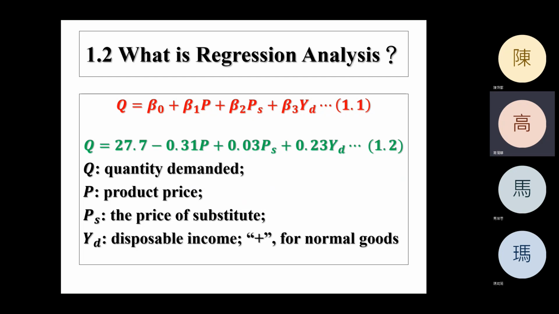So for example, if this YD is the disposable income, and the measurement unit of the data we collect is dollars, what do we mean by that? If your personal disposable income increases by $1, then the demand Q will increase by 0.23. So what does that mean?